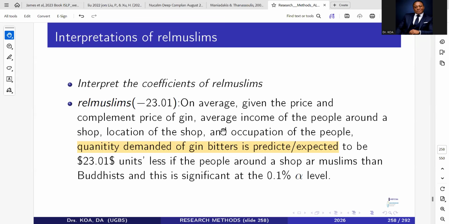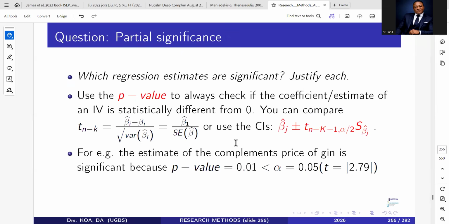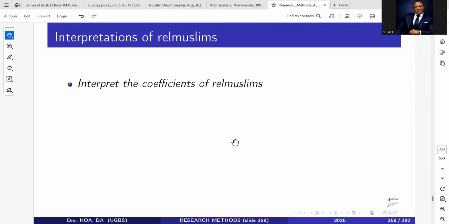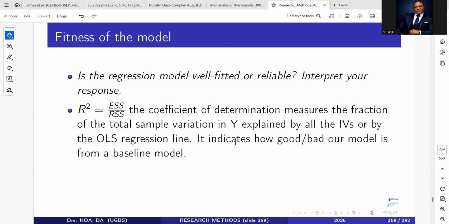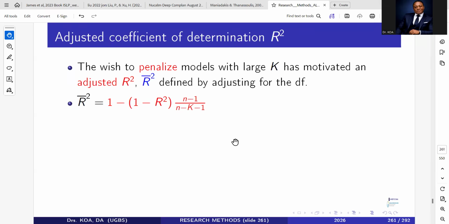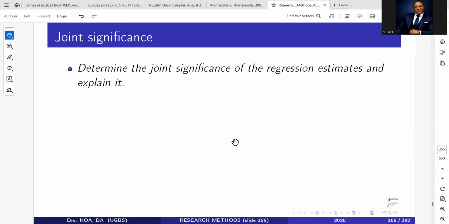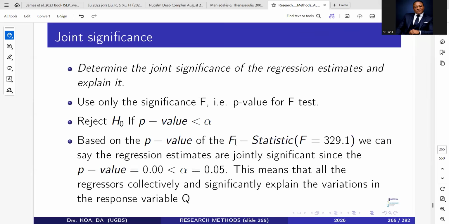Okay. So now you have mastered interpretation. Interpretation is very key, guys. Interpretation is very, very key. So now that we've had interpretation, we are left with one last one.